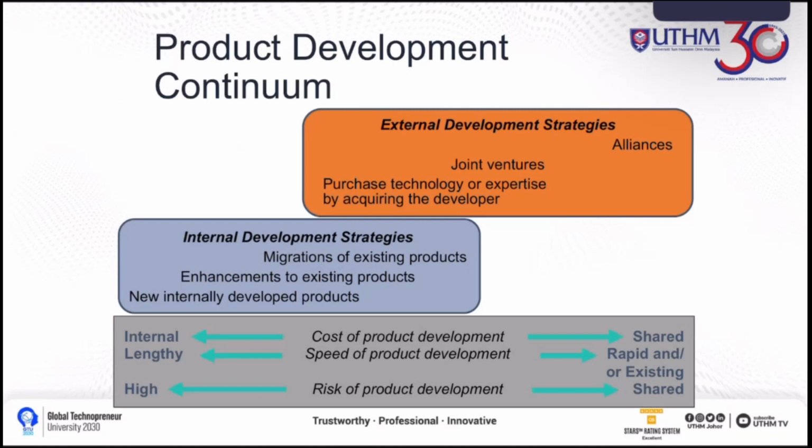This approach allows the acquiring company to quickly integrate new capabilities into their product offerings. For example, a tech company might acquire a startup specializing in artificial intelligence to enhance its products. So they need that technology to enhance their products.